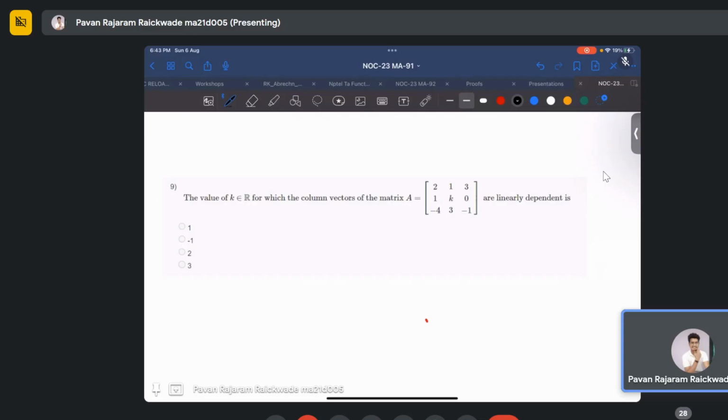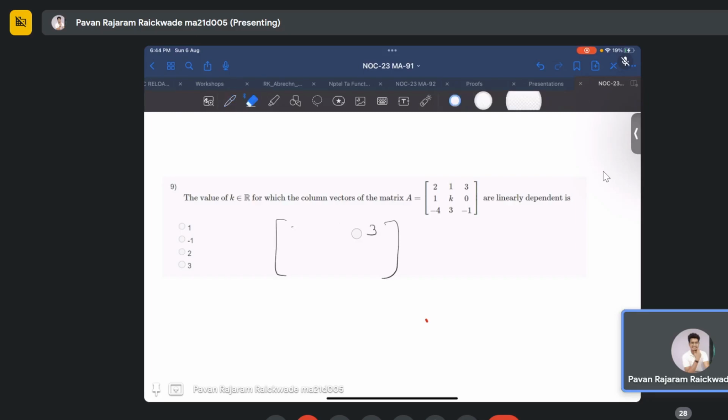The value of k for which the column vectors of the matrix are linearly dependent is... okay. So when do you say that the columns are linearly dependent? As I've explained before, the columns are linearly independent if and only if the rank of the matrix is n. So we just have to find out for what values of k the rank is less than n. Let's do some row operations.